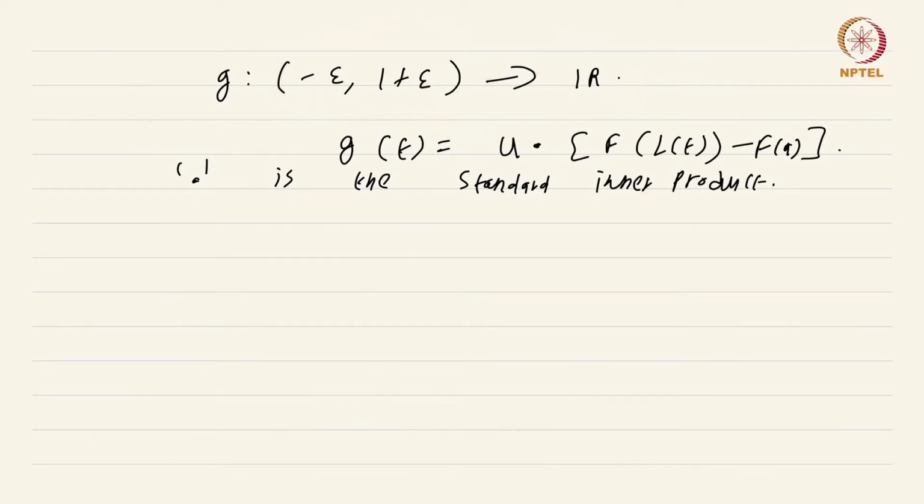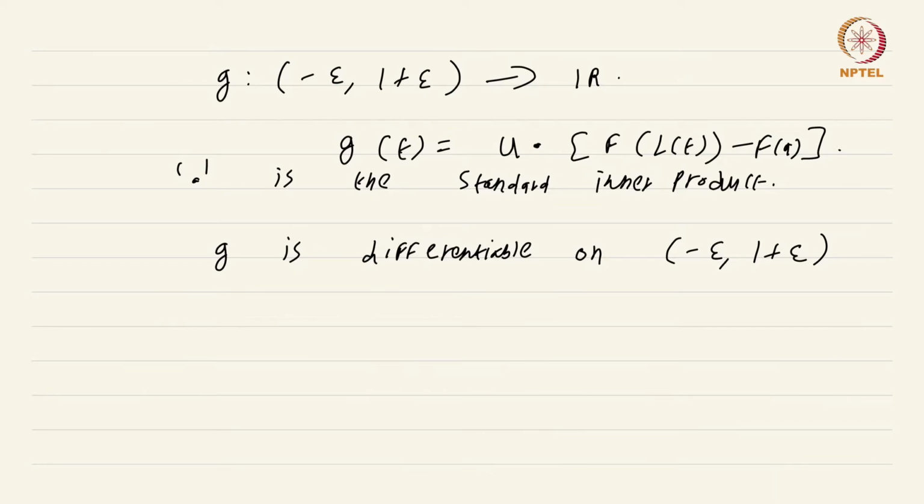Okay. Now it is elementary that the function g is differentiable. This follows from the various properties of the derivative map that we have already established. From those properties you can conclude that g is differentiable on (minus epsilon, 1 plus epsilon).